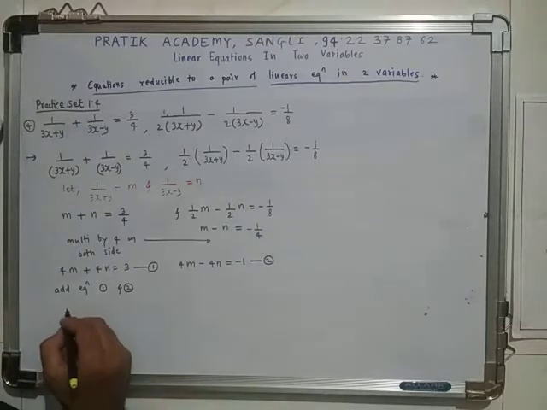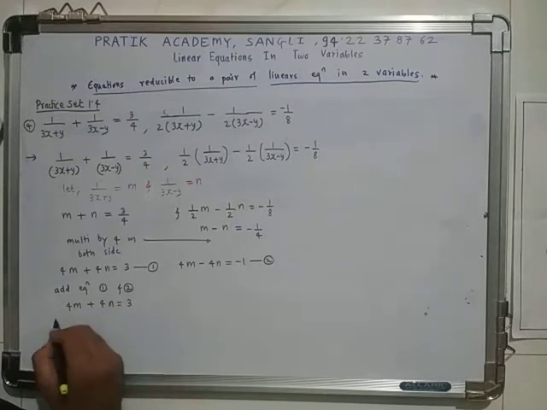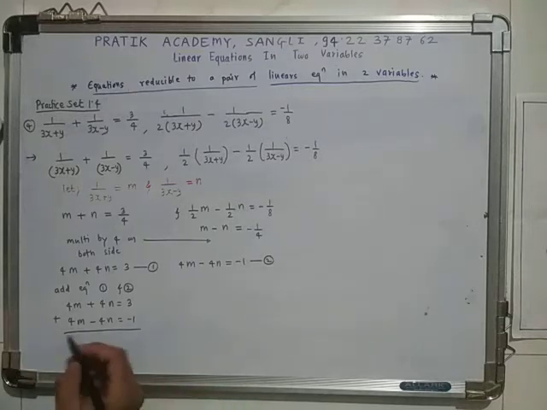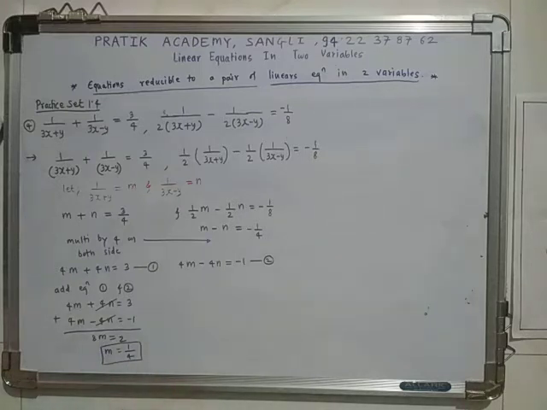Then 4m plus 4n is equal to 3, plus 4m minus 4n is equal to minus 1, and we are going with addition here, so we don't need to change signs. 4n and minus 4n get cancelled, so m plus m, 8m is equal to 3 minus 1, which is 2, so m finally becomes 1 upon 4. This is the value of m.